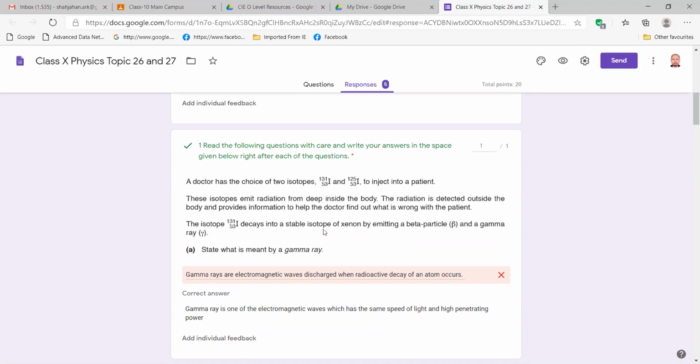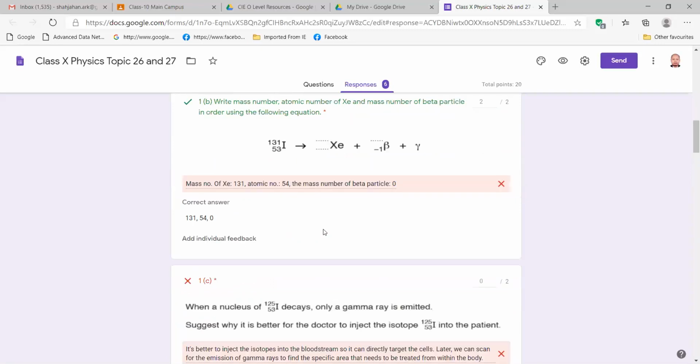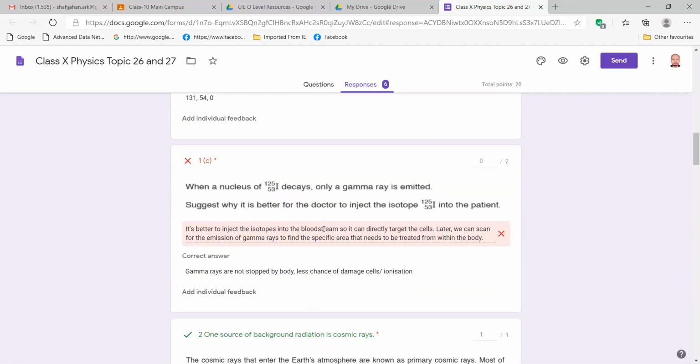So beta has more ionizing power, right? So if it goes into someone's body, it has more capacity to ionize or damage the cells. That's why we are not taking 131. Gamma rays have the least ionizing capacity. That's why we are using iodine 125.